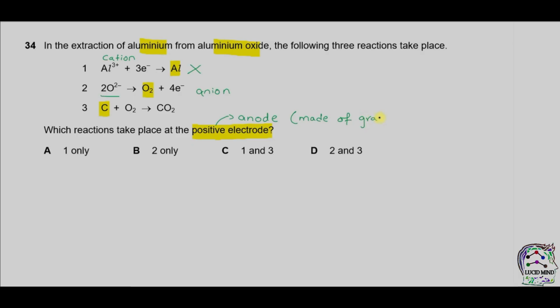So at higher temperature this graphite, which is carbon, reacts with oxygen formed at the anode to form carbon dioxide. So options 2 and 3 seem to be correct. The answer is therefore D.